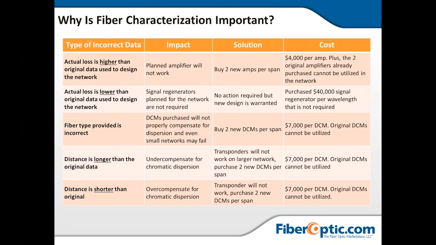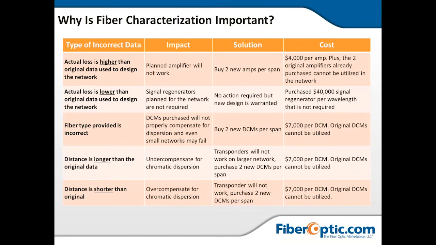We've got the original amplifiers. They cannot be utilized because they've probably got dispersion compensation for that particular length of input. So now we've got $4,000 per amplifier. We're looking at $8,000 to $20,000 in cost because we didn't test it before we went out and finalized the design.